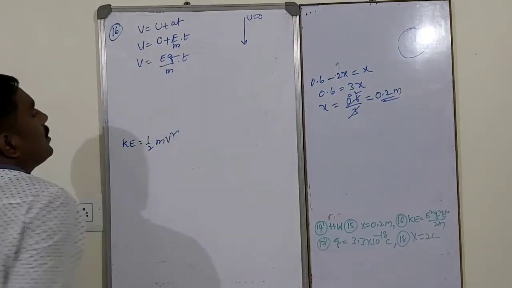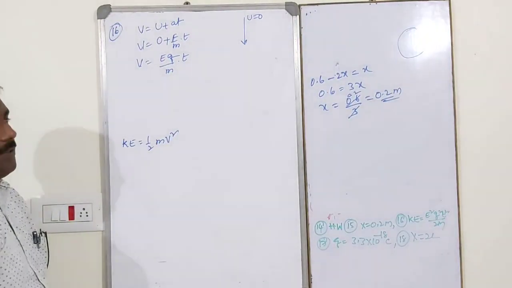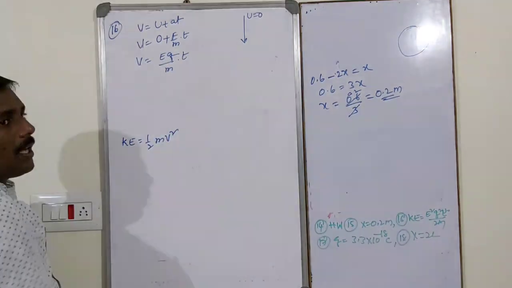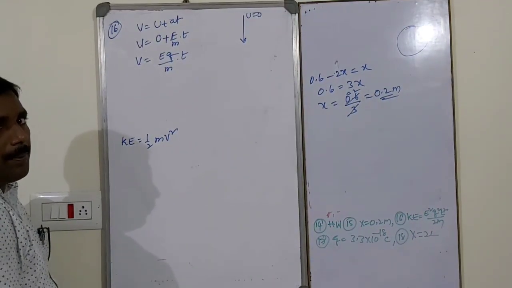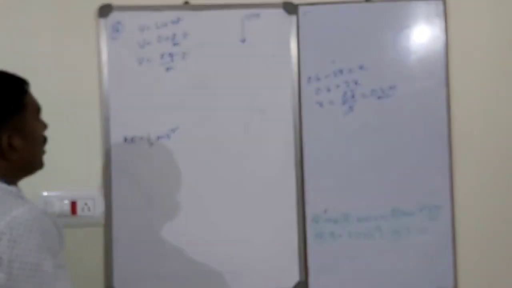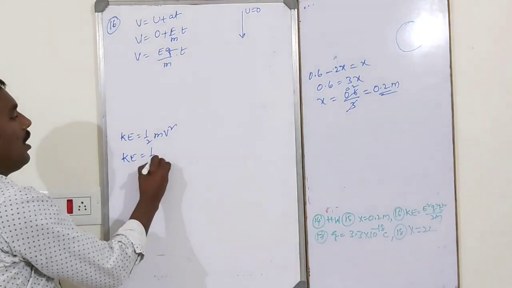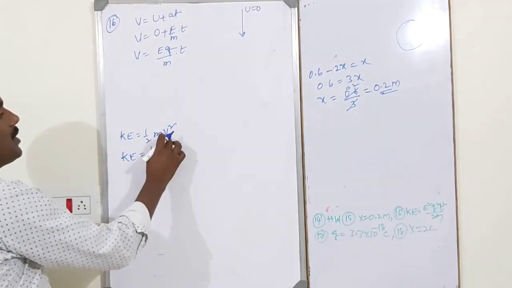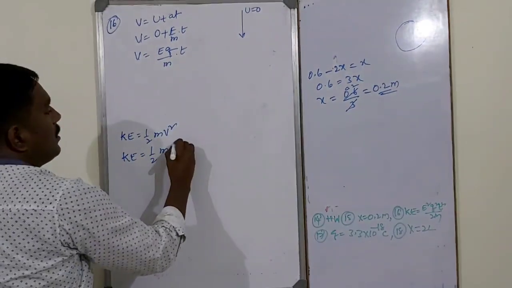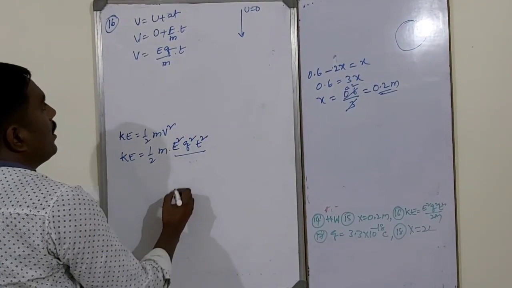This is the final velocity of the charged particle in the electric field, where q is the charge of the particle, m is the mass of the particle, and t is the time. Okay. Substituting the v value in this equation, we will get the answer. What is the value of v square? Like this: E square, q square, t square divided by m square.